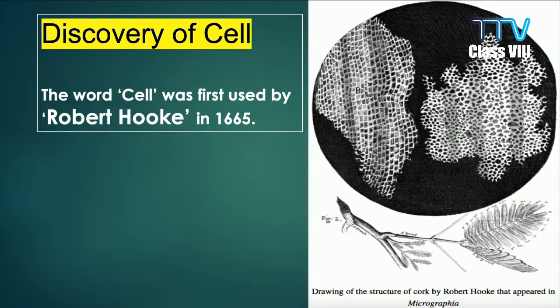This chapter, Robert Hooke, looking at a thin slice of cork, saw a structure like a beehive, and later he coined the term cell.